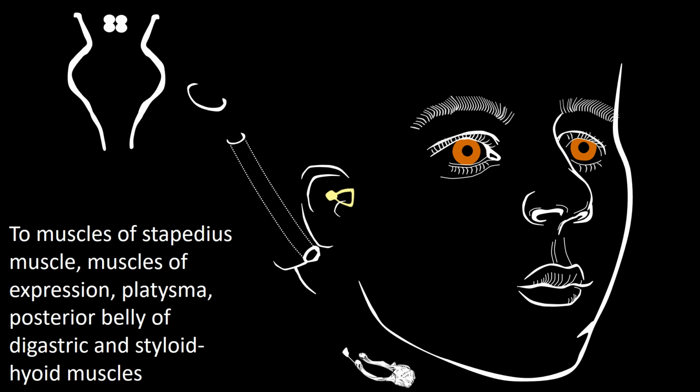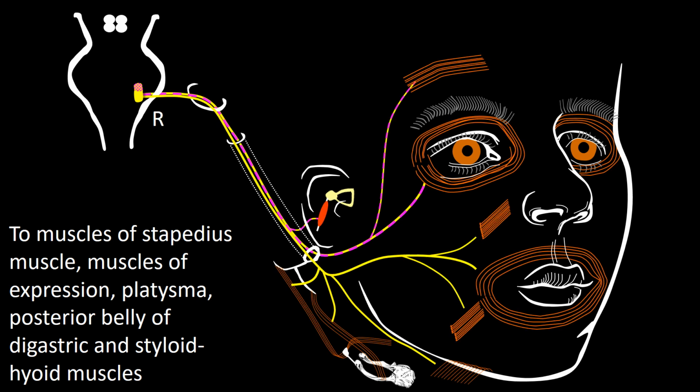I will now name some of the muscles and trace them at their appropriate location, and I will also indicate the trajectory of the facial nerve motor fibers innervating them. As you can see in this frame, the first muscle I will mention is the stapedius. This muscle dampens sounds.